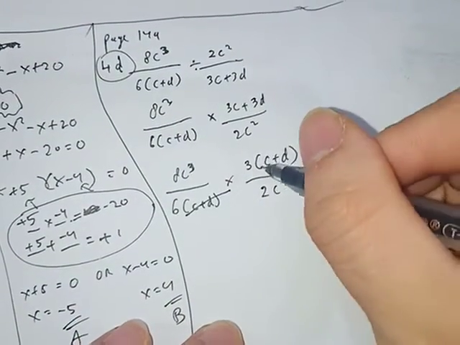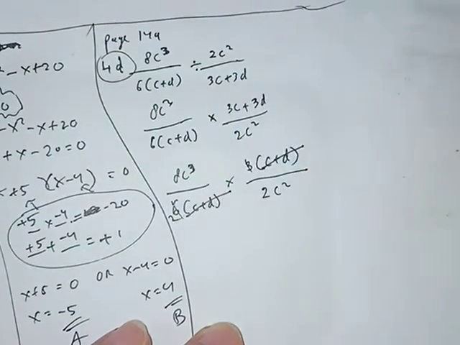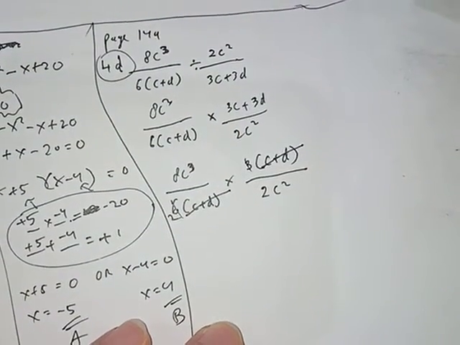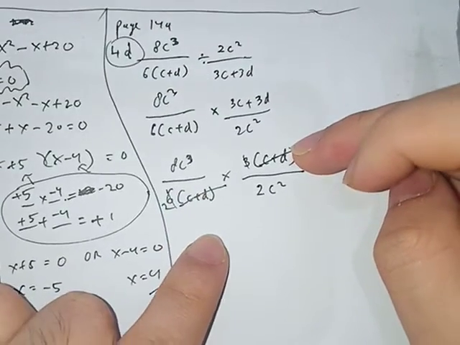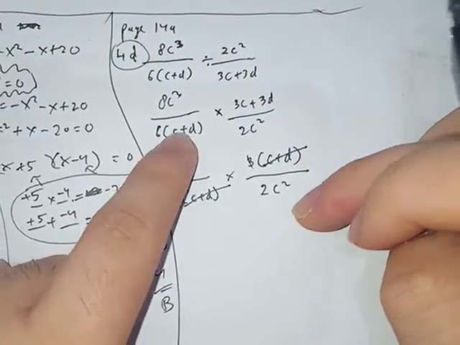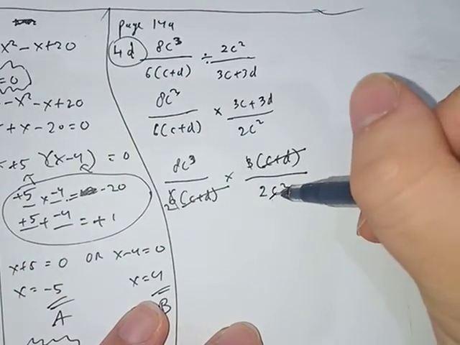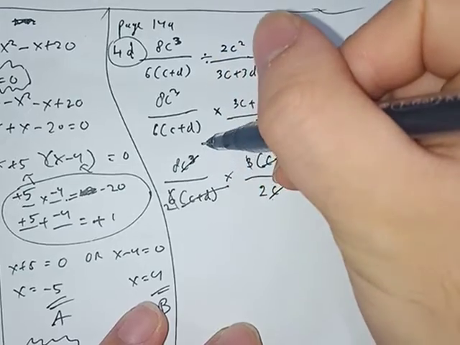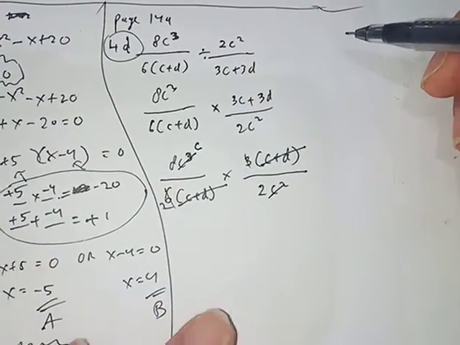So we can cancel this out. Oh, and these two. Okay, this one and this one. Now, also, you should automatically know that this one should cancel out with this one. So C square and C cube cancel out. You have remaining only one C to the power of 1.